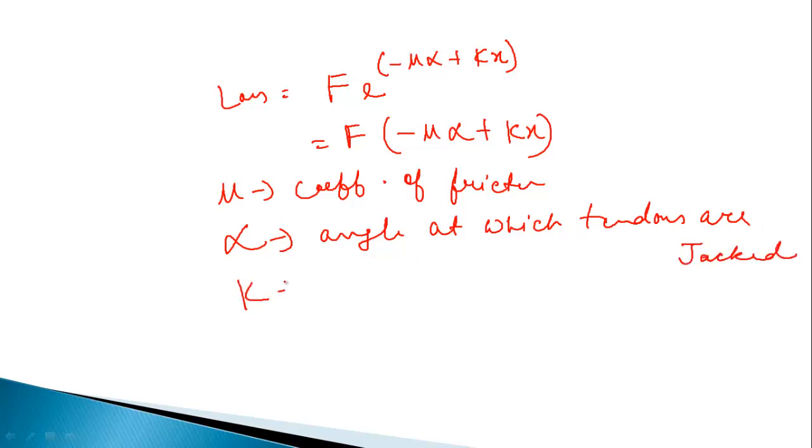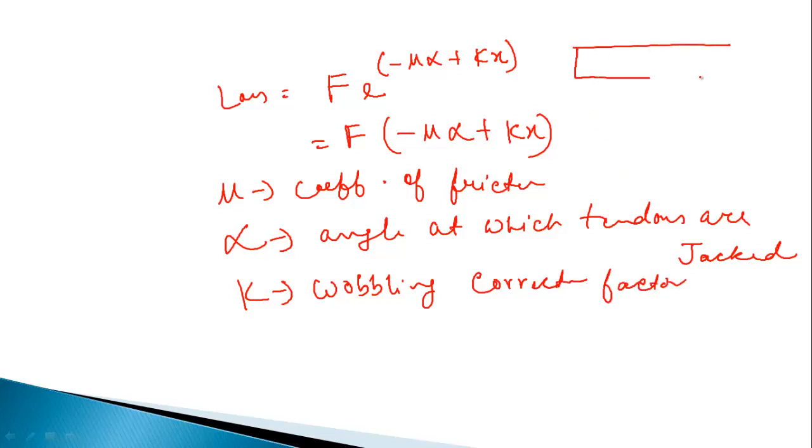K is the wobbling correction factor. It is used when the tendons are jacked. If it is curved, there is not much K, but if it is straight, due to the straightening or stretching, there are some losses. So this is the correction factor for this loss, and x is the position at which we have to find the friction.